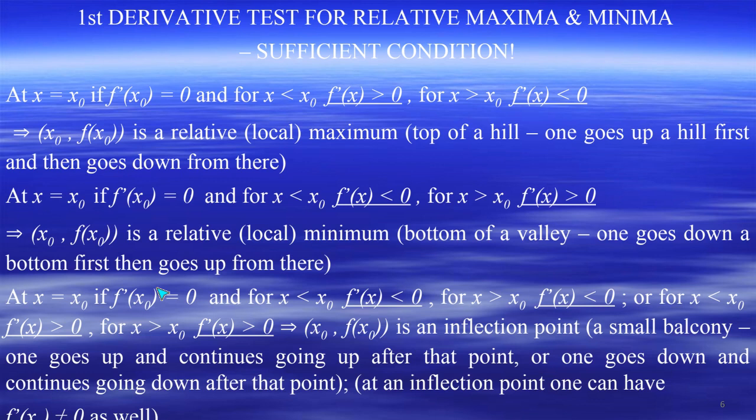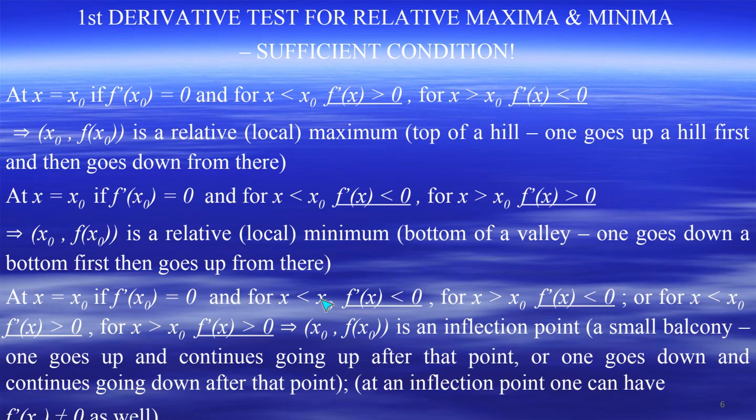The particularity of an inflection point is not that its first derivative is 0; its second derivative would be 0 there, as we will learn. But the first derivative can be 0 by chance as well at an inflection point. It means you have a small balcony over there. The movement stops for a moment, for an instant. The tangent line to the curve at x0 becomes horizontal, all right?